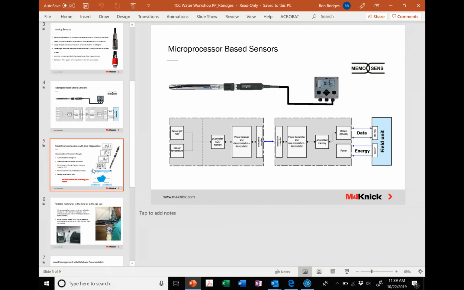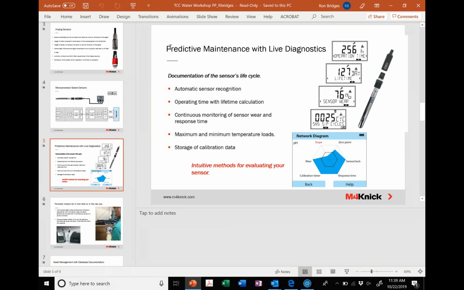Now, moving on to some of the expanded capabilities with microprocessor-based electrodes, we now have the ability to truly have what we call predictive maintenance, because with that microprocessor, we can constantly track time. We can use calculations to predict the number of days of life remaining in the electrode. We can transmit diagnostics information where previously you were very limited on what you could draw out of the electrode.